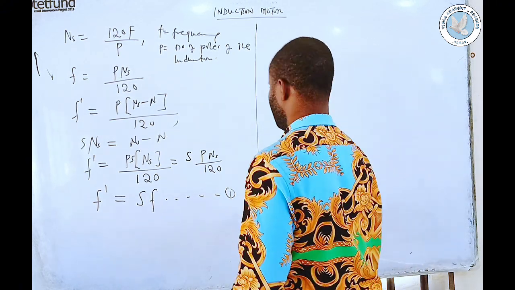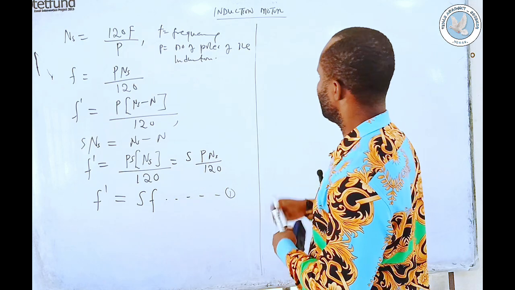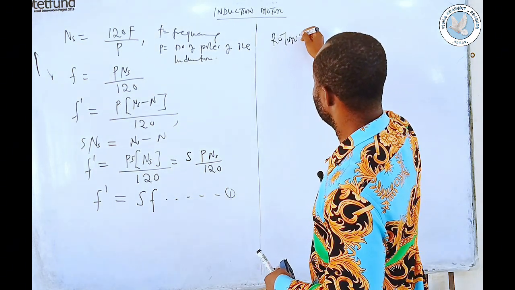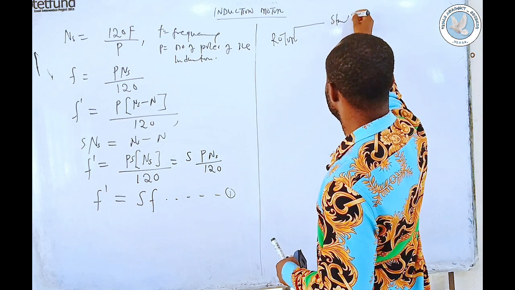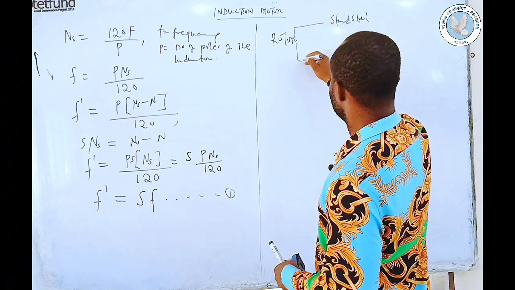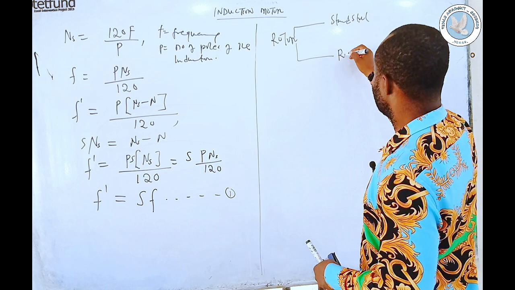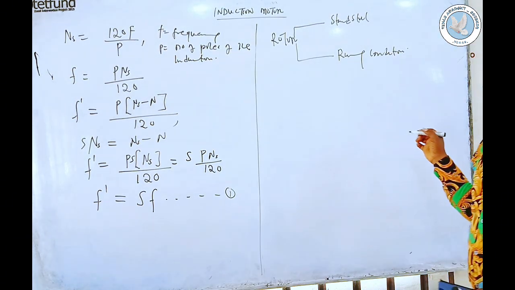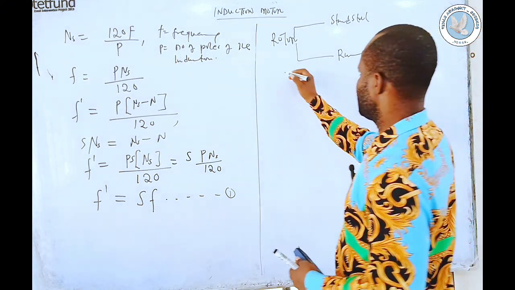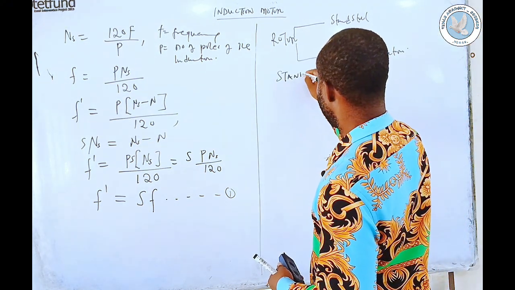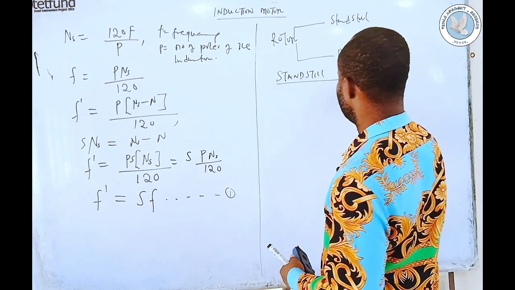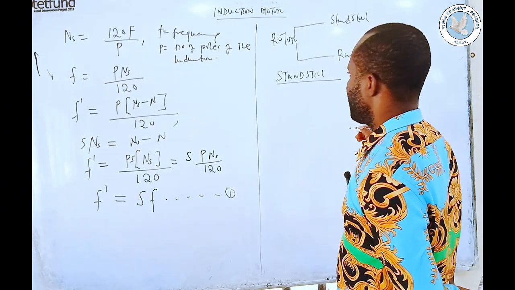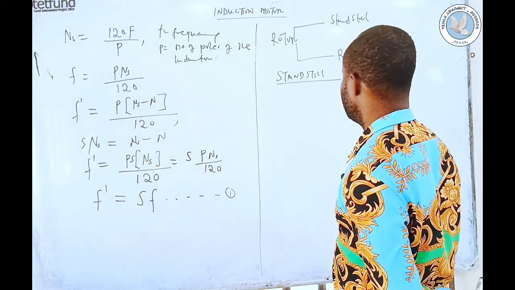And also we are still on the analysis of the induction motor. Let's look at the rotor side, where we look at the rotor at standstill. We also look at running condition. So at standstill, we have some of the parameters that we need to analyze.